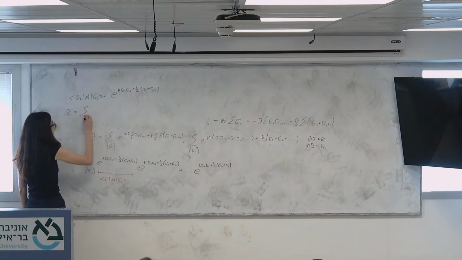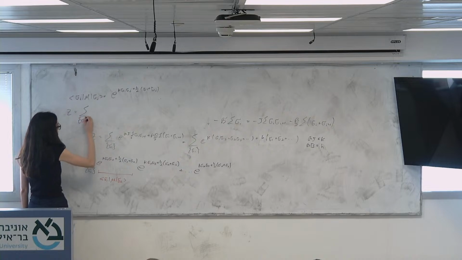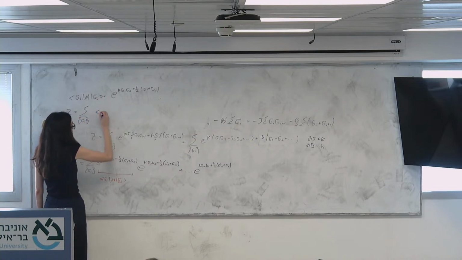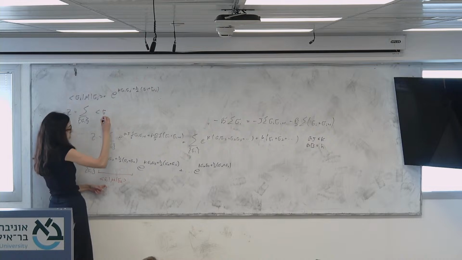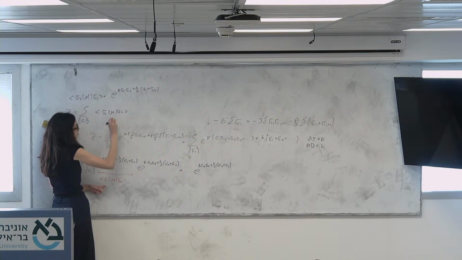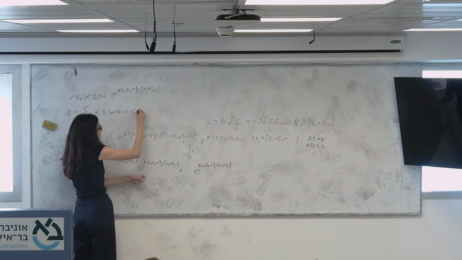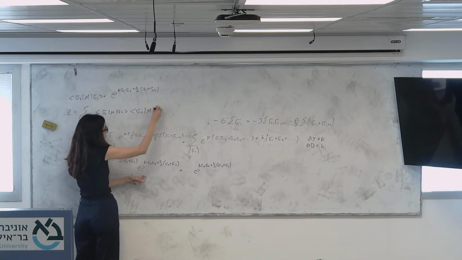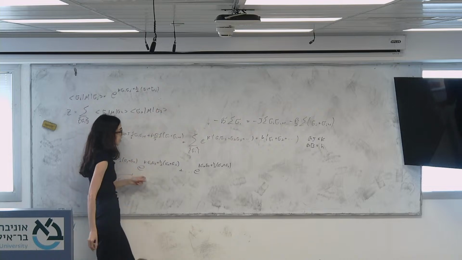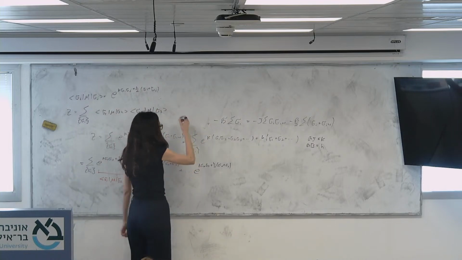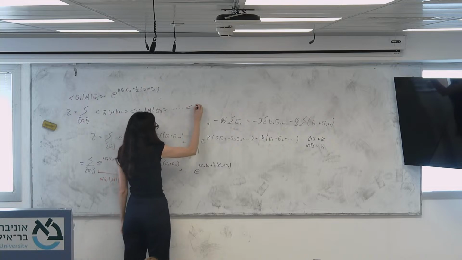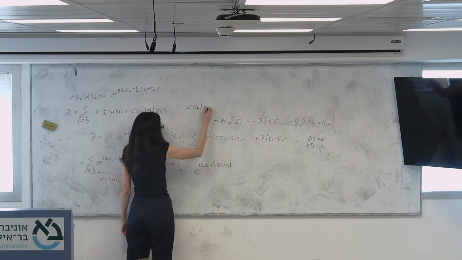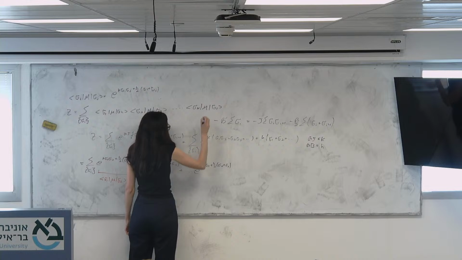This will be the sum over sigma i of the matrix element between sigma 1 and sigma 2, then sigma 2 and sigma 3, then sigma 3 and sigma 4, until sigma n and sigma 1.